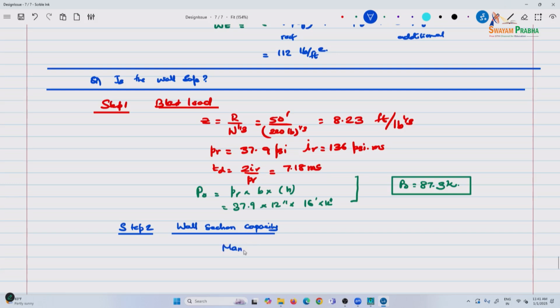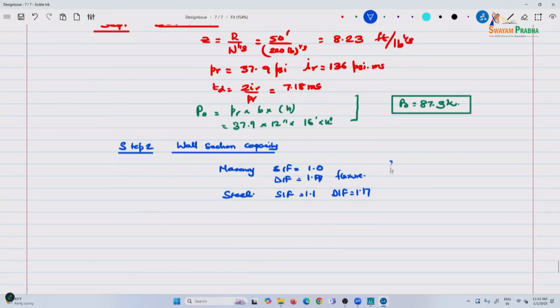Masonry, your strength increase and dynamic increase factors are 1.0 on flexure, DIF is 1.17 in flexure, and steel, the SIF is 1.1, reinforcement DIF is also 1.19, sorry, and this is 1.17.